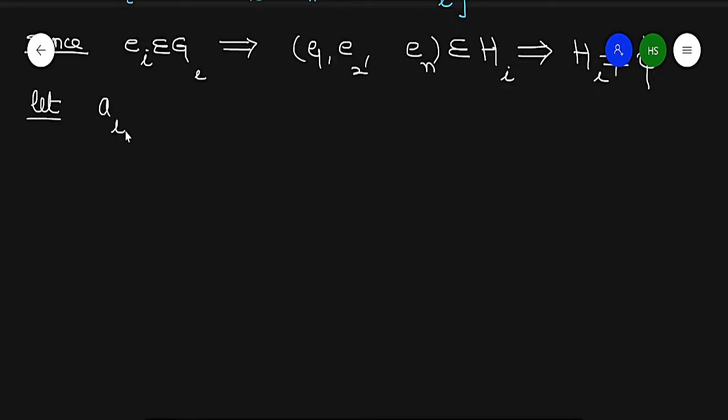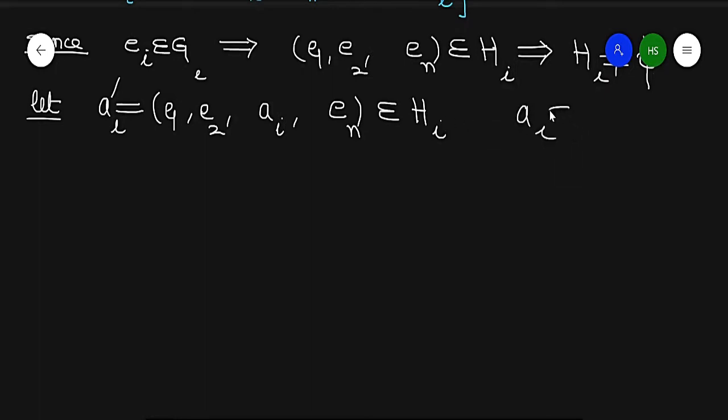First I take Ai'. What is the structure of Ai'? Very carefully, this is E1, E2 and so on up to Ai and next En, and this element belongs to Hi, where Ai is an element belonging to Gi.